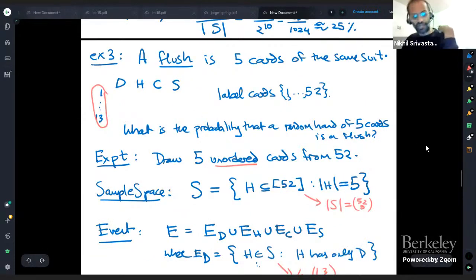Well, that's a question about counting. I don't know off the top of my head, but I would say try to use the methods we learned in counting in the last 2 or 3 lectures to answer that. It's a good question.